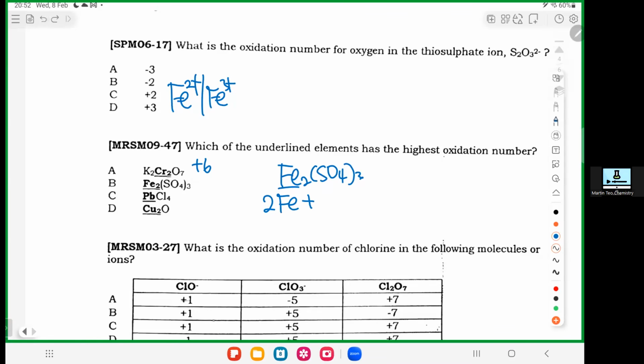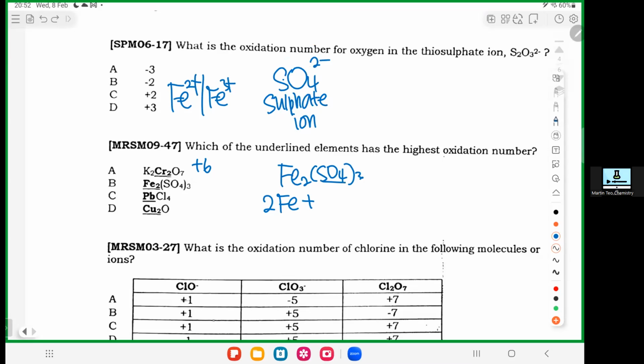How to do? Although we don't know the oxidation number of sulfur, never mind, we know SO4, the whole thing. If you remember, SO4, this whole thing has a charge of 2 minus, because it is the sulfate ion. This is something you learned back in Form 4. This 2 minus does not belong only to sulfur or only to oxygen, but to the whole thing.